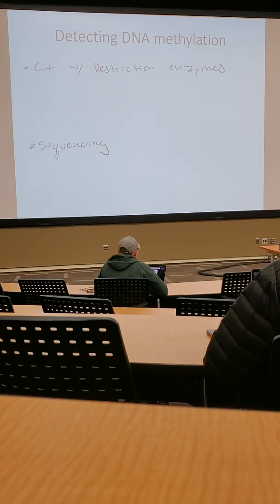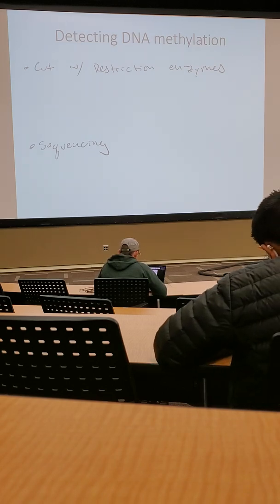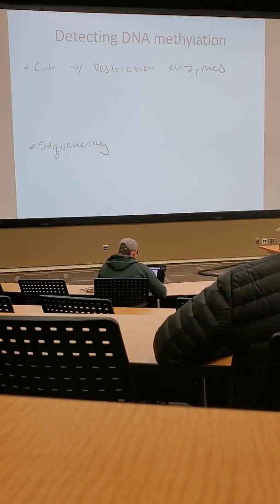What about sequencing? What are we going to do with sequencing? The DNA sequence of these two genes should be identical. How are we going to sequence them? Say that again? The cytosine, if it's methylated or unmethylated, can be turned into something else, or shows up as a reversal.